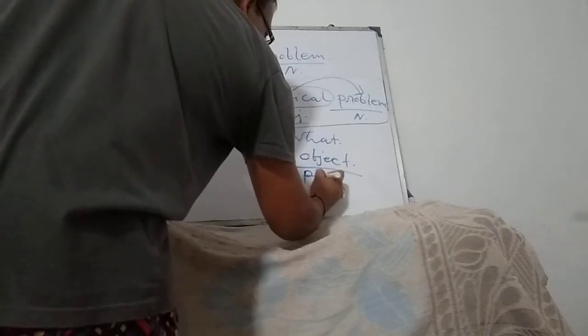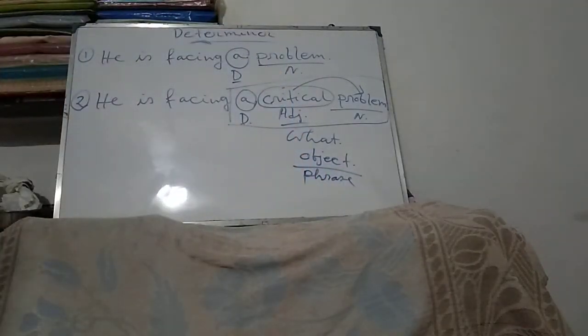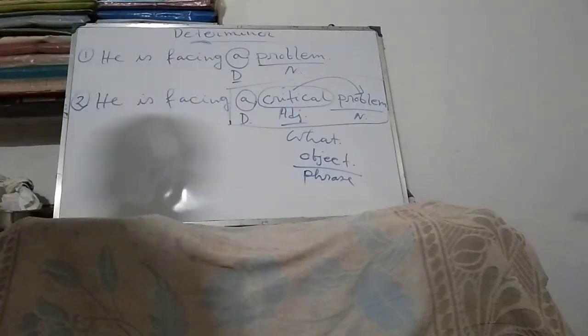A critical problem, this is also called a phrase. And inside this phrase, look here, determiner is there, adjective is there, and noun is there.